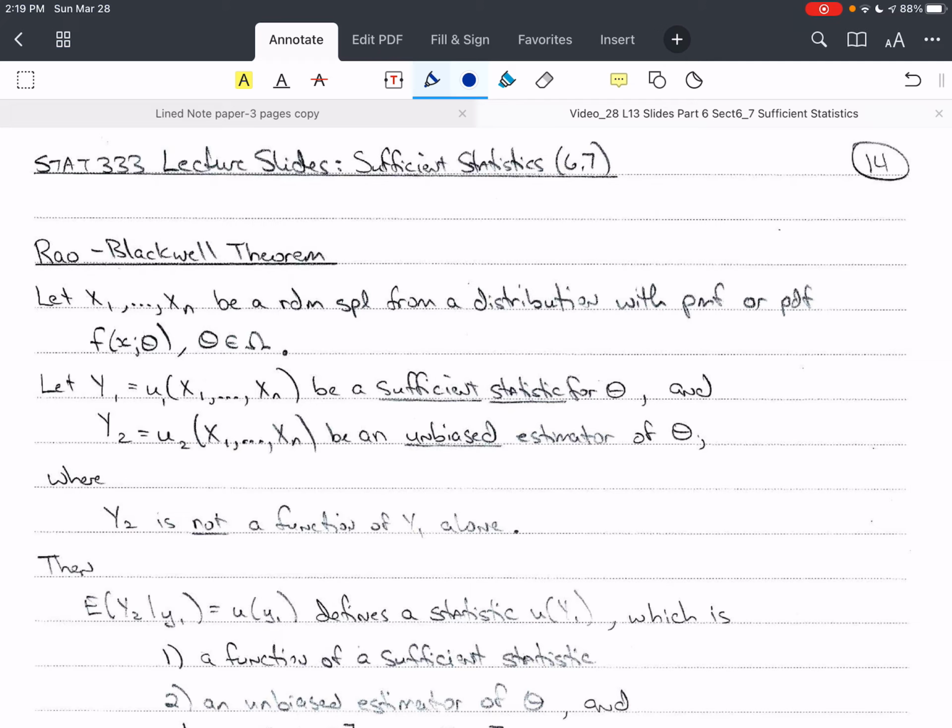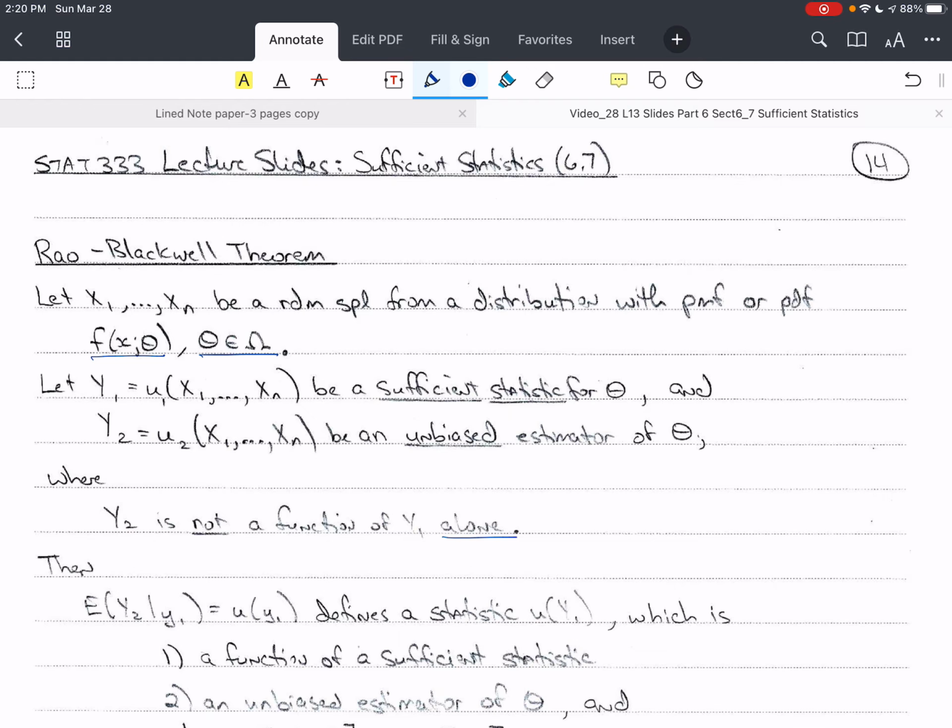So let X1 to Xn be a random sample from a distribution with PMF or PDF f of x; theta, where theta is in Omega, which is the parameter space. Let Y1 equal u1(X1, ..., Xn) be a sufficient statistic for theta, and Y2 equal u2(X1, ..., Xn) be an unbiased estimator of theta, where Y2 is not a function of Y1 alone.